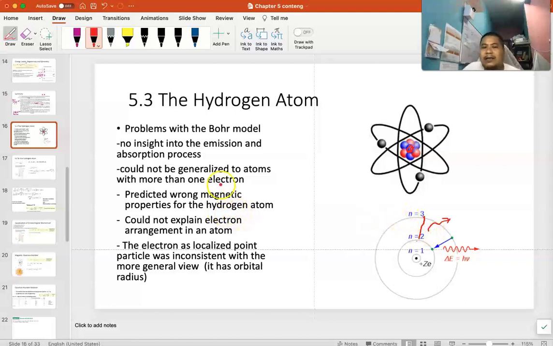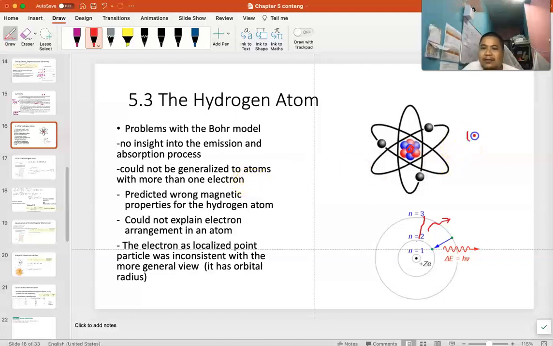However, the problem is why the emission and absorption process is like that. We do not know. At that time, they just fit the model, but they couldn't explain it very well. And the Bohr model can only explain an atom with one electron.